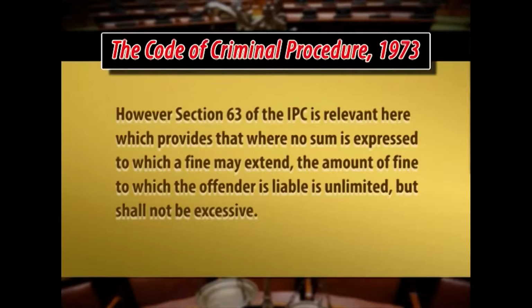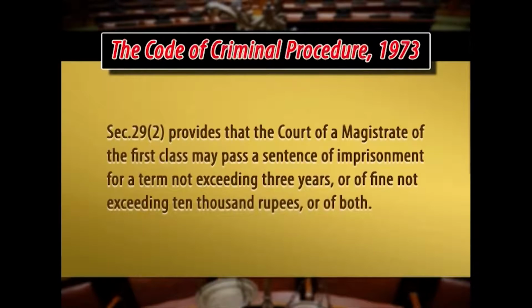However, section 63 of the Indian Penal Code is relevant here, which provides that where no sum is expressed to which a fine may extend, the amount of fine to which the offender is liable is unlimited but shall not be excessive. Section 29 subsection 2 provides that a court of magistrate of the first class may pass a sentence of imprisonment for a term not exceeding 3 years or a fine not exceeding 10,000 rupees or of both.